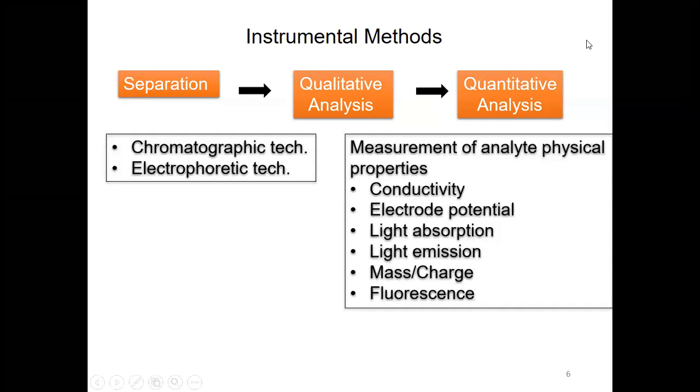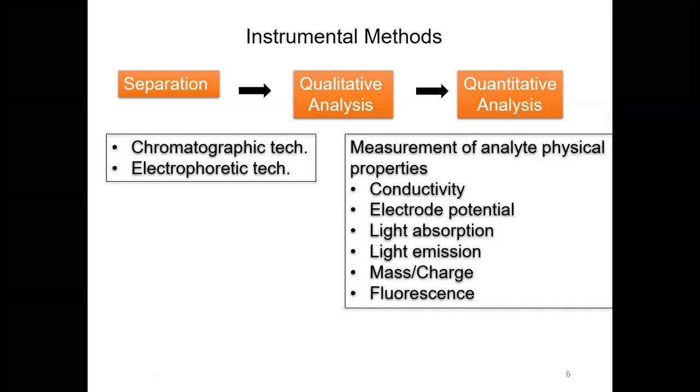Okay. So, measure the qualitative and quantitative analysis. In the instrumental method, we can do both by measuring the physical or chemical properties of the analyte.